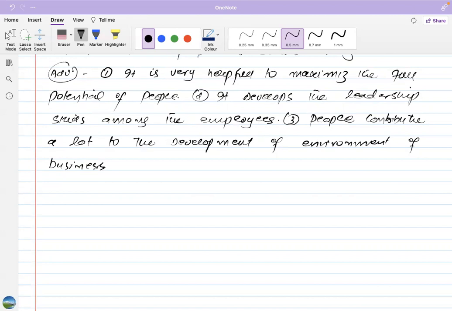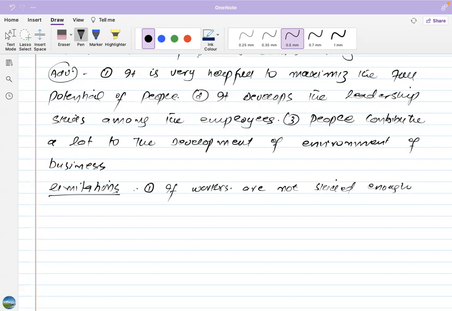About the limitations: if workers are not skilled enough, wrong decisions might be taken.